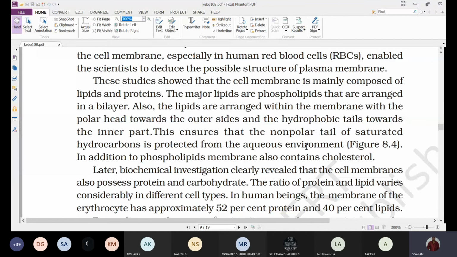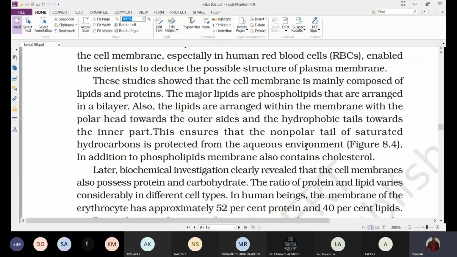The organisms are in contact with body fluids or the outer environment of water, and the cytoplasm also consists of water.